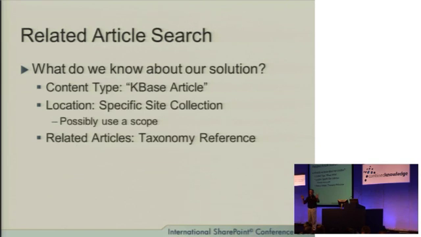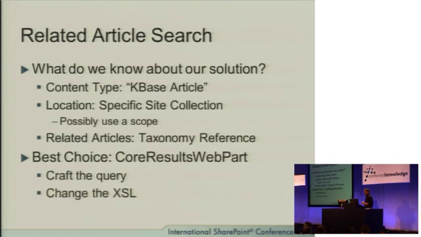It doesn't matter. Because what I'm using is the taxonomy field reference, which is a GUID, and I'm passing that to the search engine. The search engine is going to return me results based on the GUID, not based on the string that I'm searching for. So it's instantly a multilingual solution. And then there's one other benefit that you get by using the taxonomy reference that I'll show you in the code.